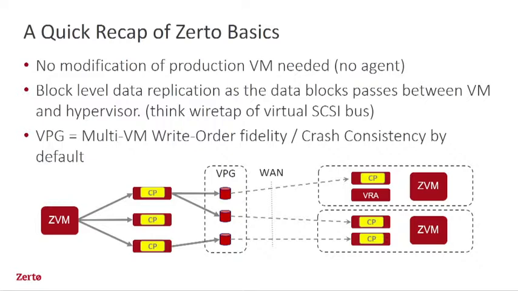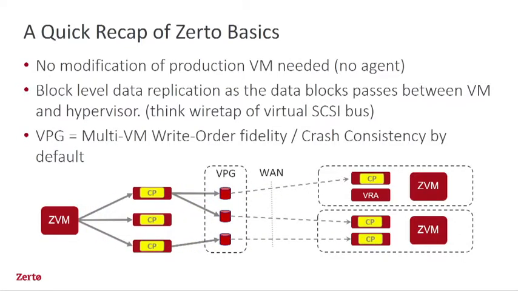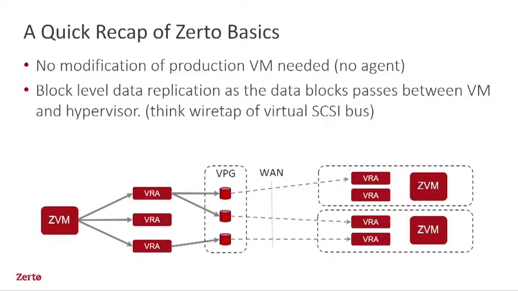So a VPG, that's kind of what the little yellow boxes do. You notice that the ZVM is the guy that sends out the checkpoints. The middle boxes are your VRAs. This is how the checkpoints get created.